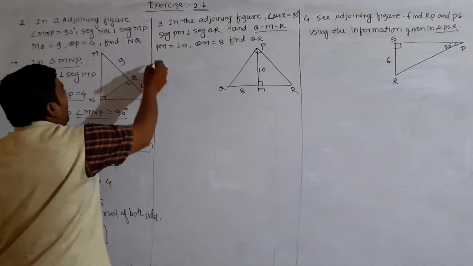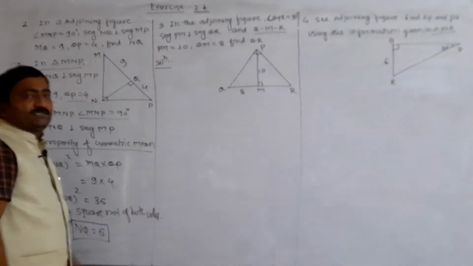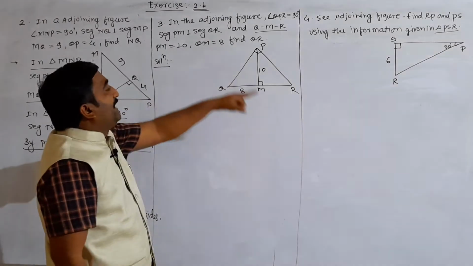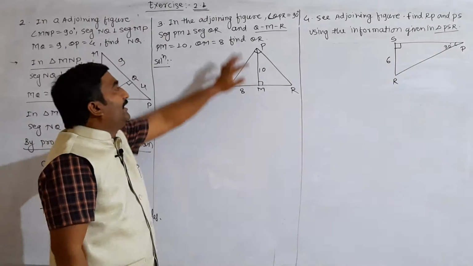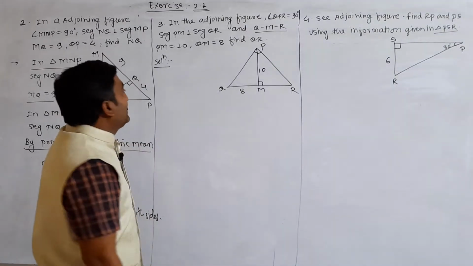So, the third example, solution of this example. First observe the given figure carefully. Here QPR is a right angle triangle and here also PM is perpendicular to hypotenuse QR.